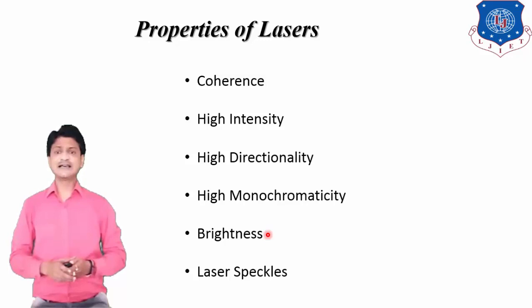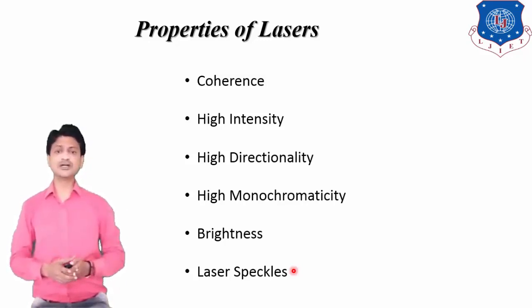And last is laser speckles. Speckles are light patterns resulting from the reflection of coherent light at rough surfaces. They can degrade the image quality of laser projection displays. It can be avoided by a light source of sufficiently large optical bandwidth. So these are the characteristics, or properties, of laser.